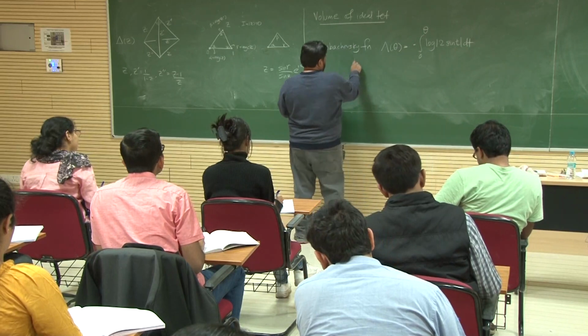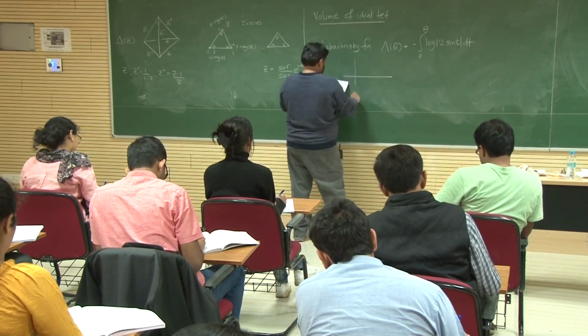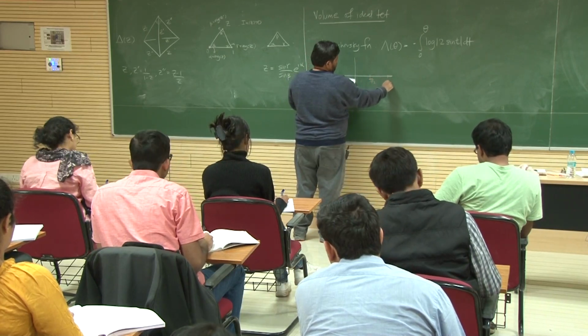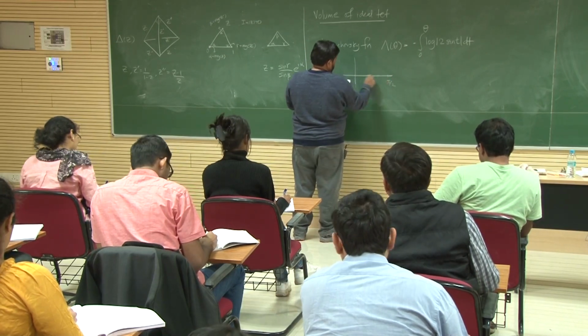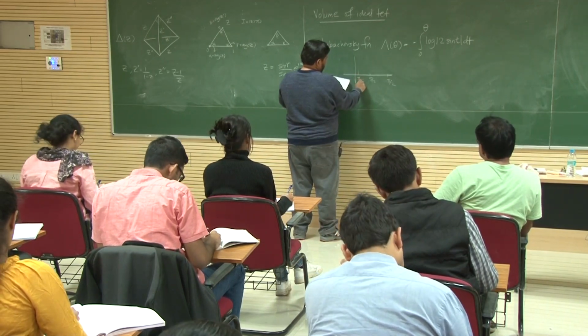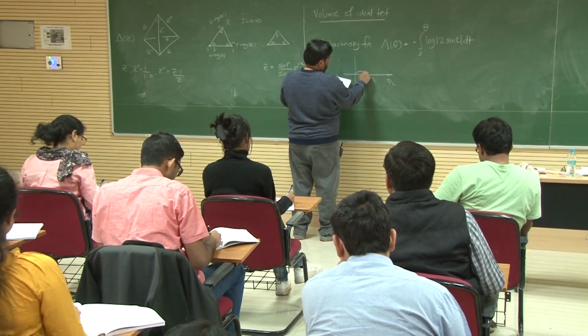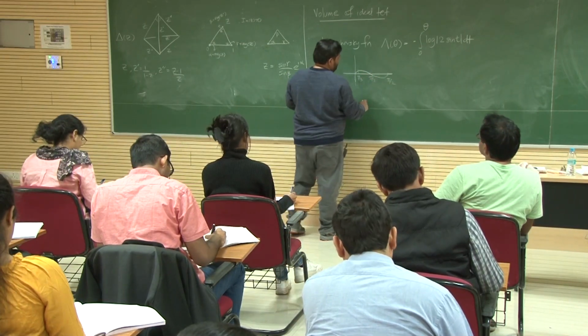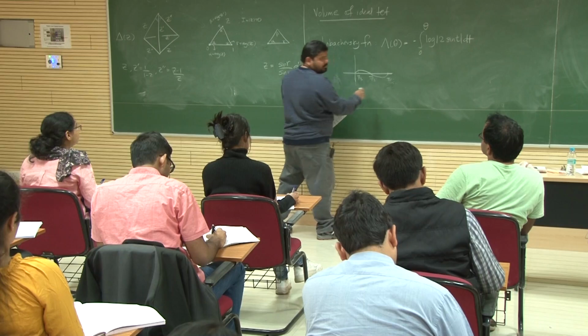So you can plot this function and you get a maximum at pi over 3. You get this function, and this function has many properties. It is pi periodic, etc.